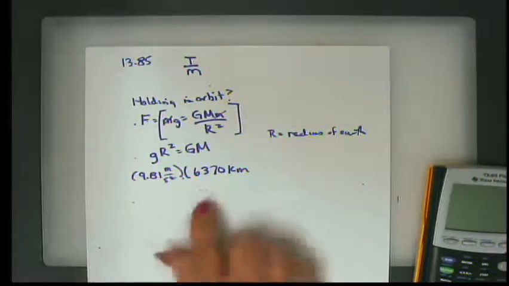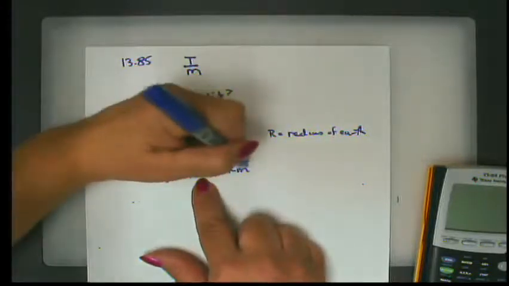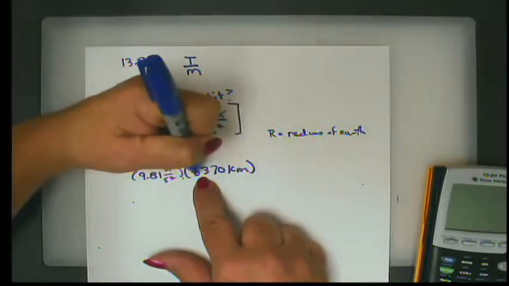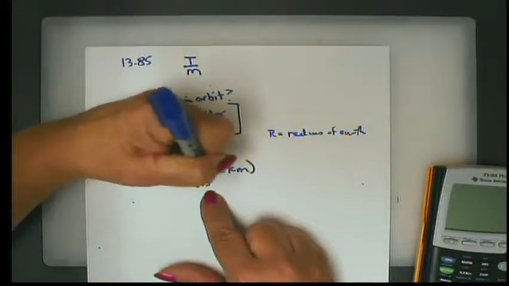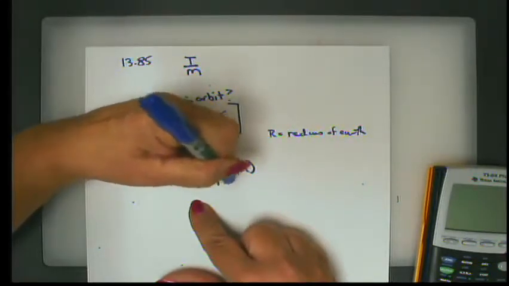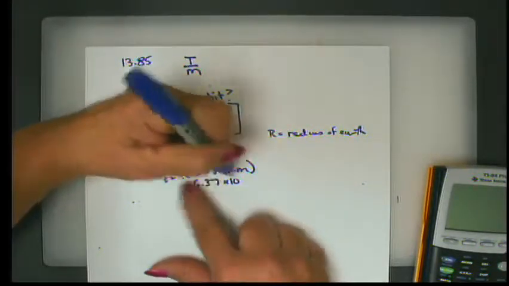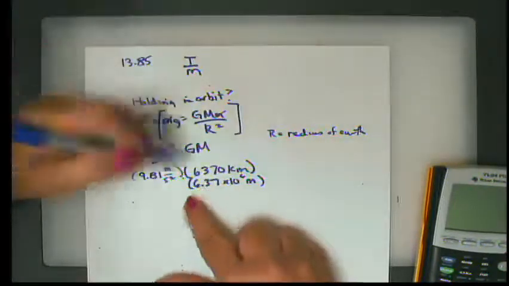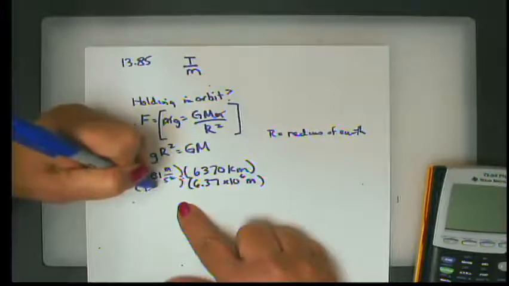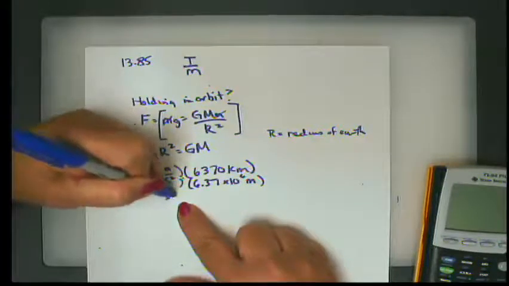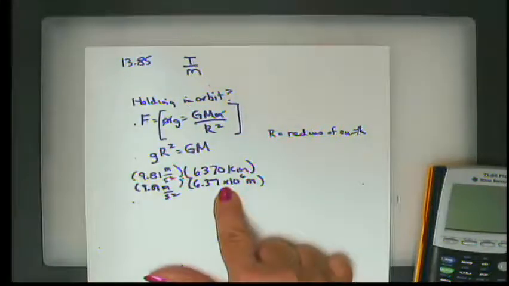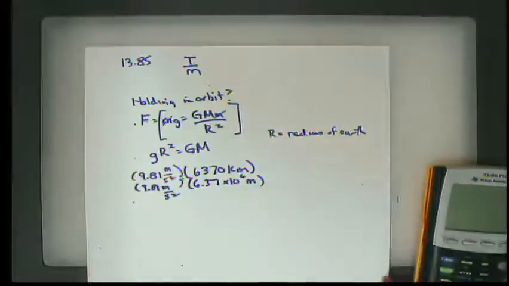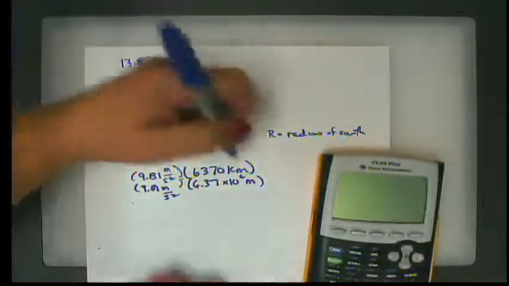So if we take a look at 6,370 kilometers, that would be 6.37 times 10 to the 6 meters, right? Because it's 6.37 times 10 to the third kilometers. So if I take 9.81 meters per second squared and multiply it by this number in meters, it's the number squared, excuse me.